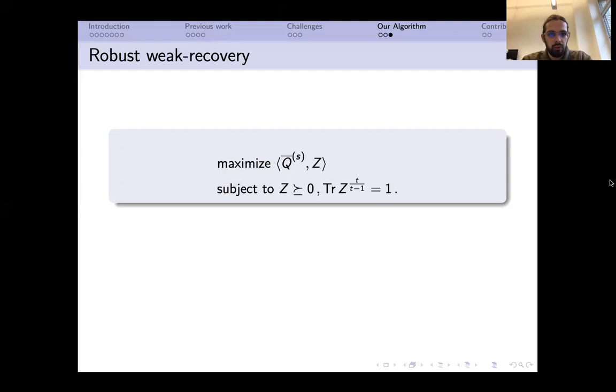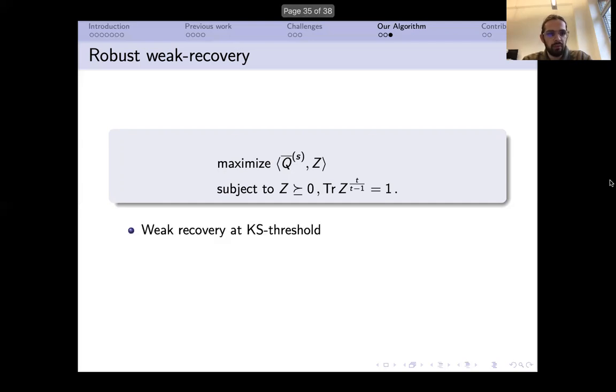So we're going to maximize the correlation between this QS bar and the matrix Z. And the constraints that you see on Z are just PSDness, so that we can efficiently search over the cone. And the bound on the trace of this power of Z is to ensure that the value of the maximum is the value of the T Schatten norm of QS bar.